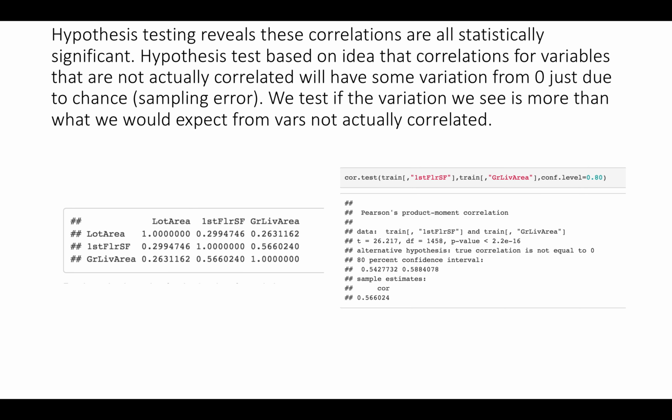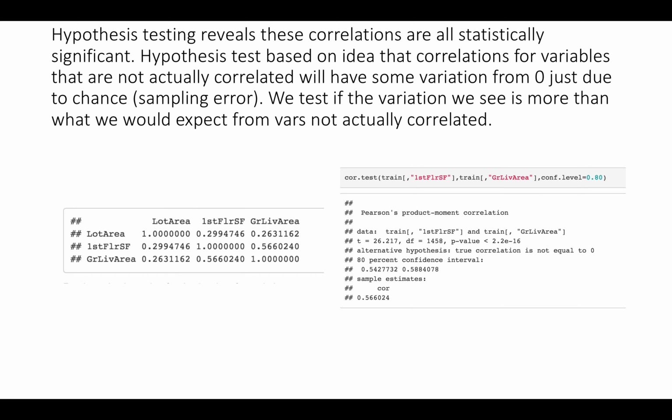So you run this hypothesis test to say, theoretically, if you took a sample from the population for those two variables, what's the chance that this is actually just due to random chance and that the actual population value is 0, and you're seeing something here that's some variation from 0 just due to chance. But the p-value is extremely small. They really seem to have at least some level of correlation.